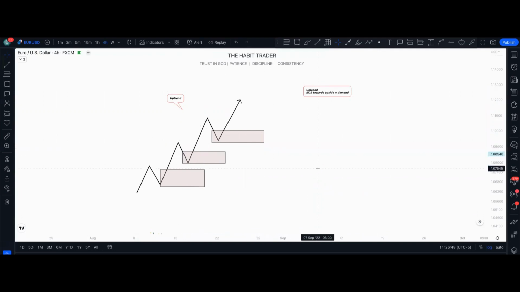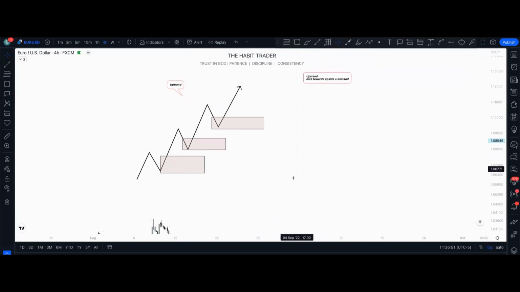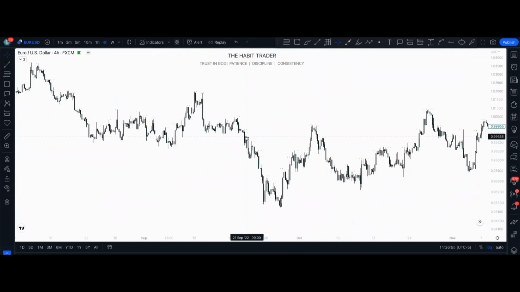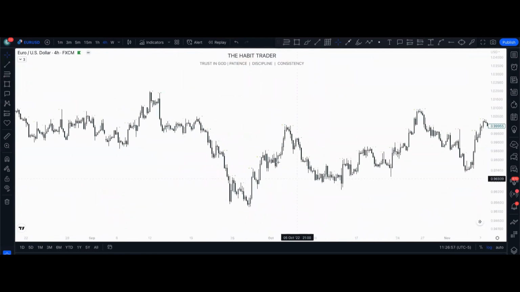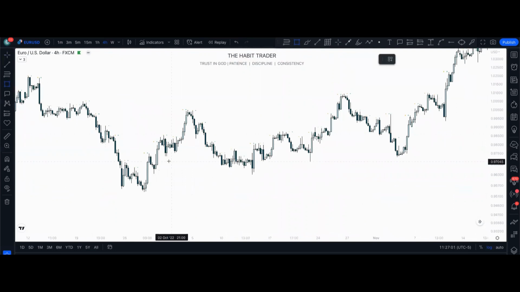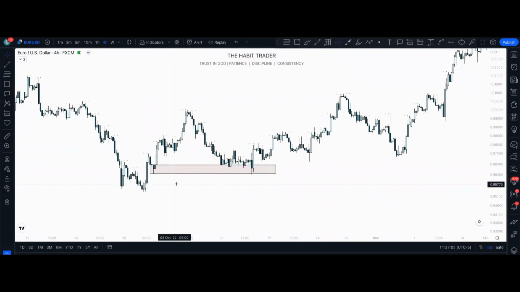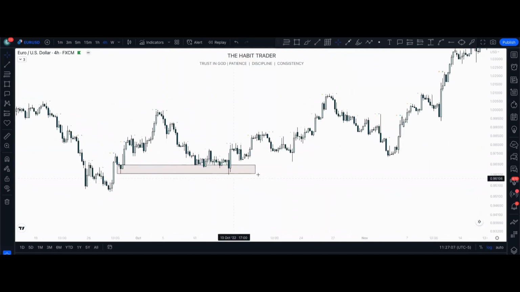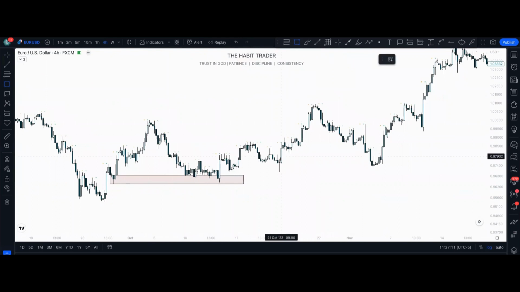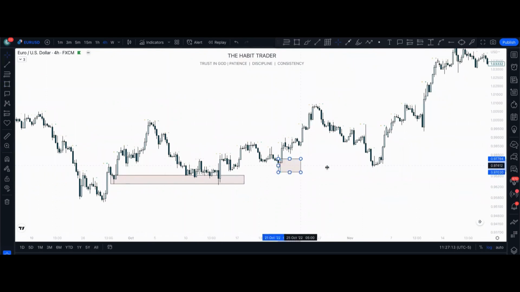So let's go on our chart for some examples. So as you can see here, let me just go right here. Okay. Let me just mark a sample demand zone that we could use as an example.